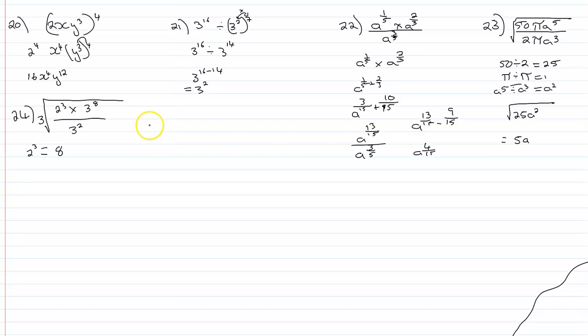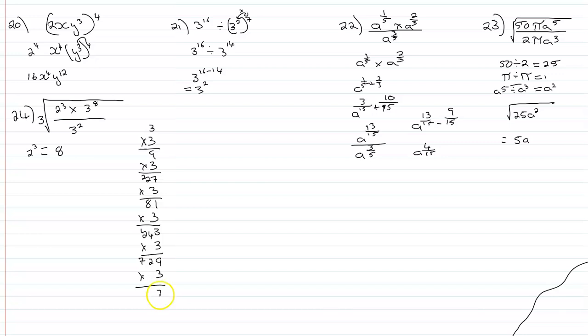So then we have 3 times 3 gives us 9, times 3 gives us 27, times 3 gives us, 3 times 7 gives us 21. 3 times 2 gives us 6, plus 2 gives us 8, times 3, 3 times 1 gives us 3, 3 times 8 gives us 24, times 3. 3 times 3 gives us 9, 3 times 4 gives us 12, 3 times 2 gives us 6, plus 1 is 7, times 3, 9 times 3 gives us 27.